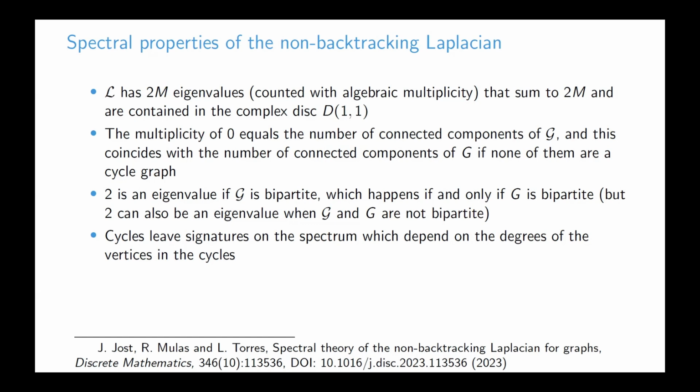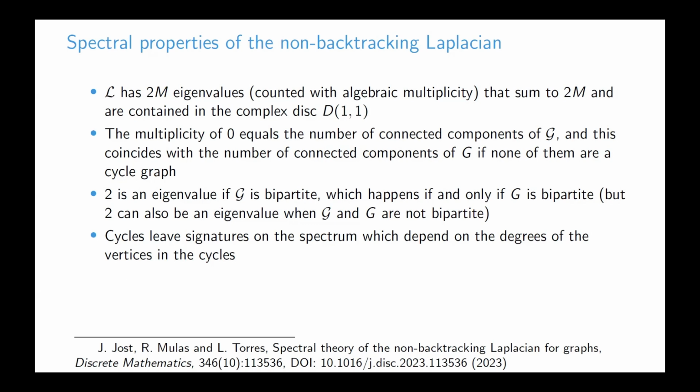But what I want to tell you is that if you have different cycles in the graph, then they all leave the same signature in the spectrum of the non-backtracking matrix, but they leave different signatures in the spectrum of the non-backtracking Laplacian, because the signatures in the case of the non-backtracking Laplacian depend on the degrees of the vertices that are in the cycle.